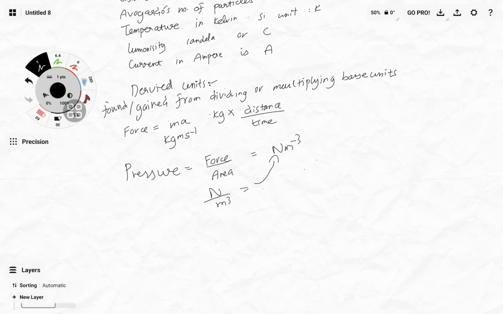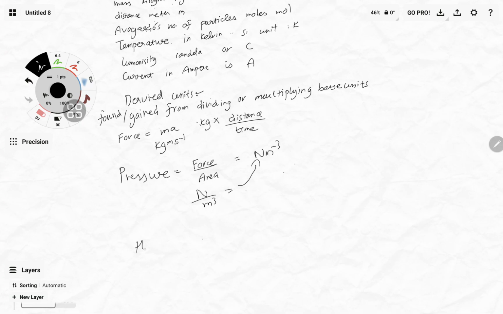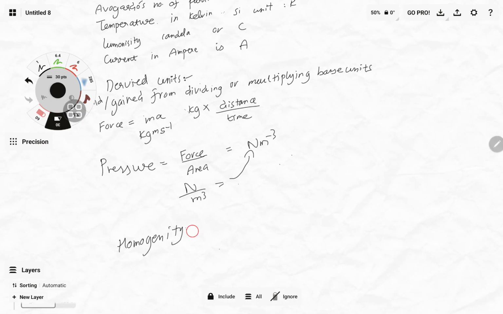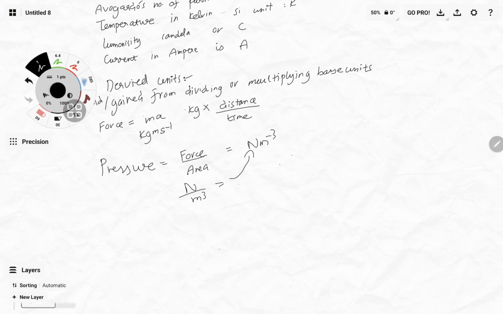So next we will talk about homogeneity. Homogeneity might be confusing at first, but it's basically how you check that the SI base units on one side of the equation equal the SI base units on the other side of the equation.